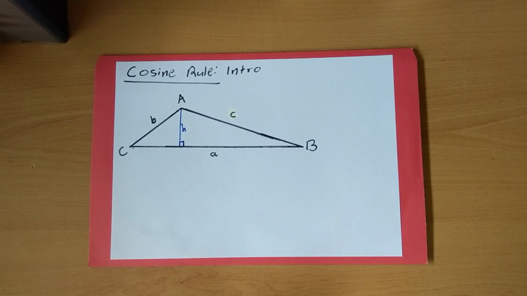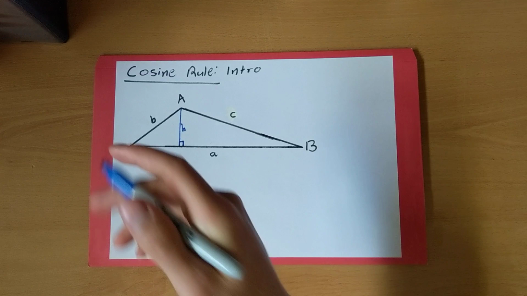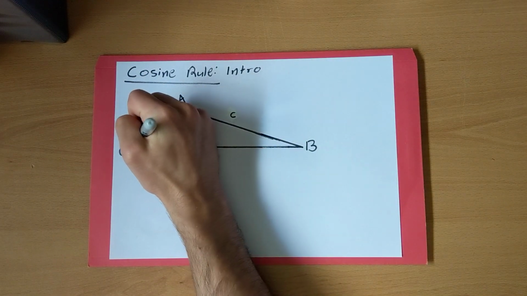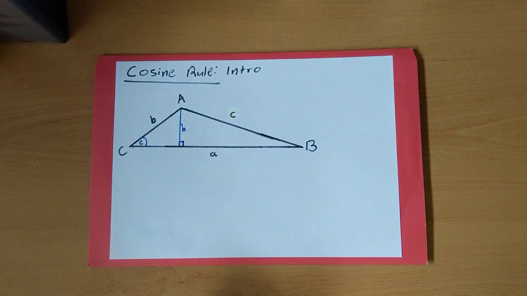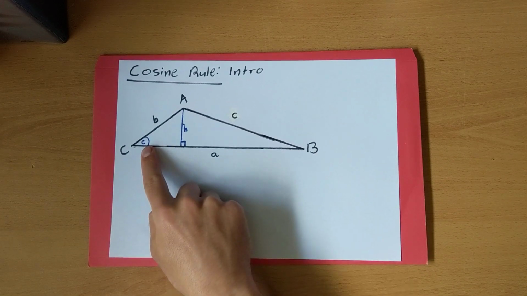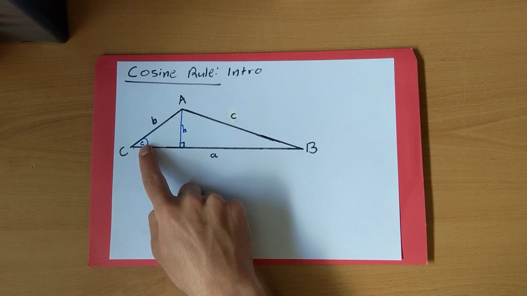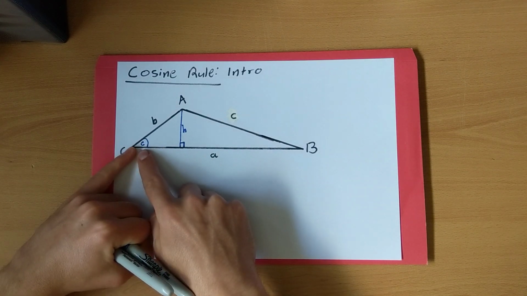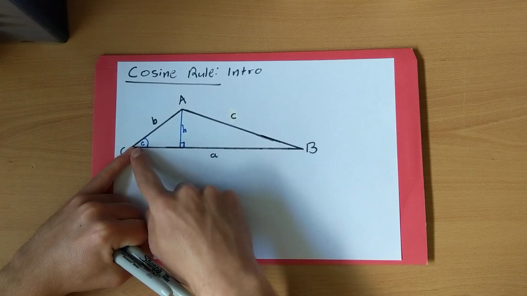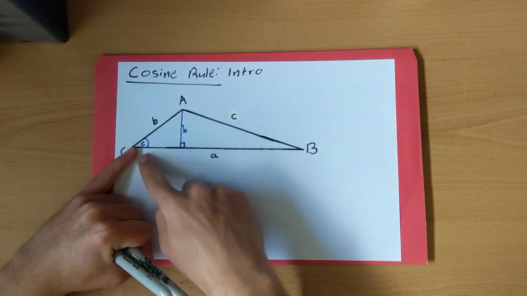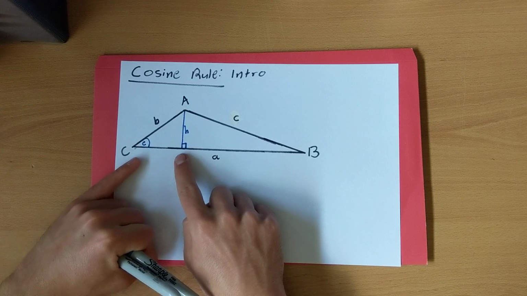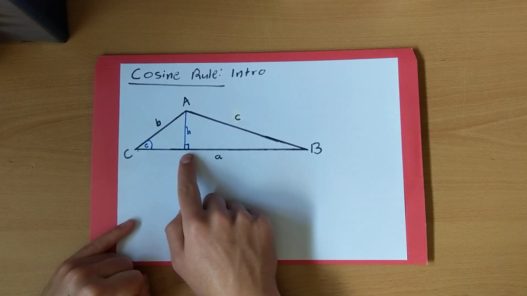So if I have this angle here, which would be angle C, the cosine of that angle involves the adjacent over the hypotenuse. The adjacent here is this side length, this bit of the triangle, which is part of a, but we don't know exactly how much it is.